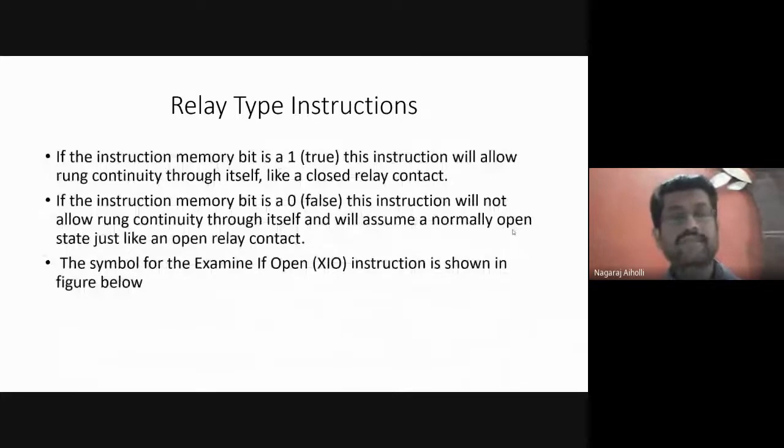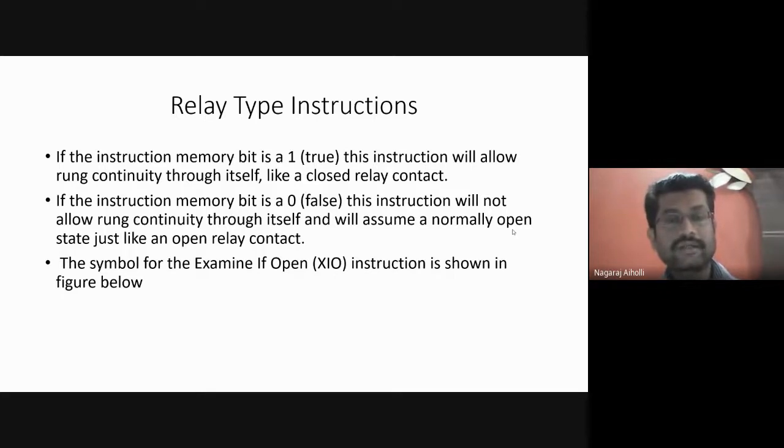If the instruction memory bit is 1, this instruction will allow rung continuity through itself. That's what I mentioned. There will be continuity between the input terminals and the output terminals. Whenever a true condition is established at the input, that will establish a continuity from the input to the output devices, like a closed relay contact.